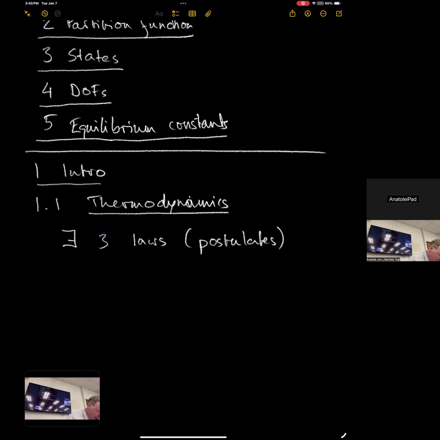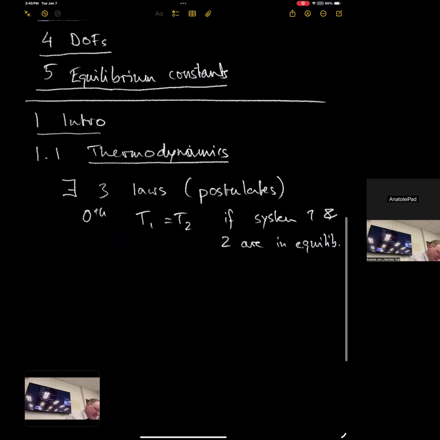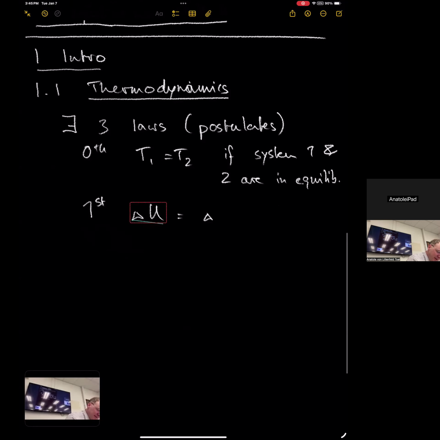And in particular, of course, we have the zeroth law that the temperatures of two systems are the same if these two systems are in equilibrium. The first law is that your delta U, any change in energy, is composed of a change in heat and a change in work, which come from an external reservoir, right?